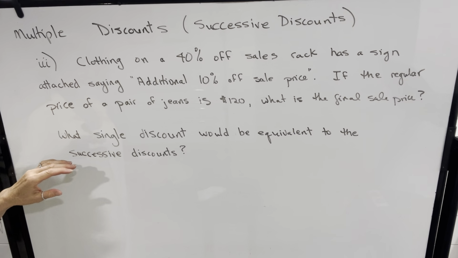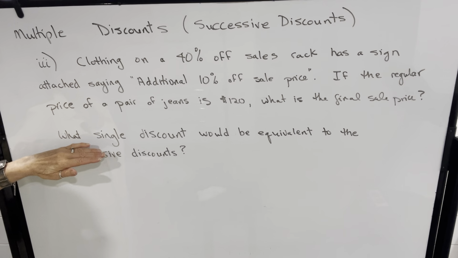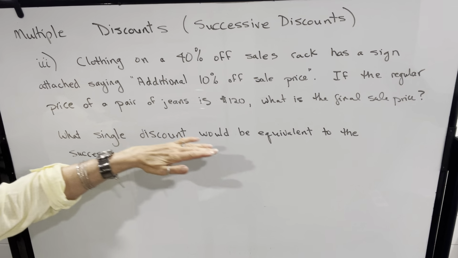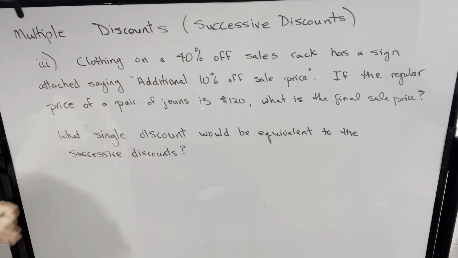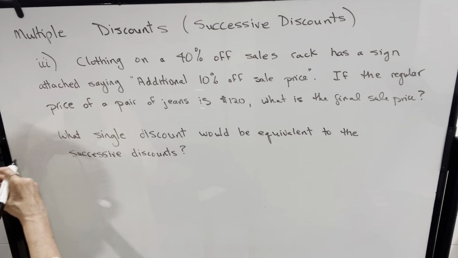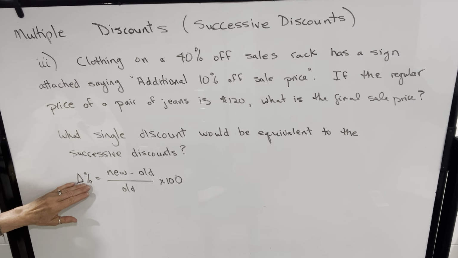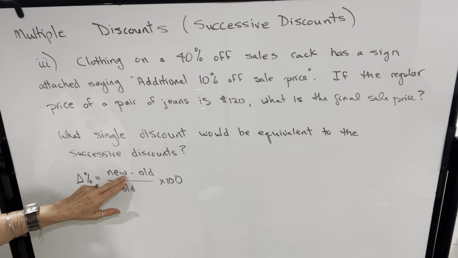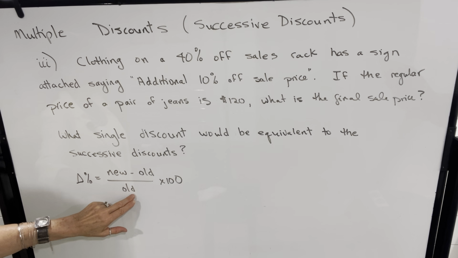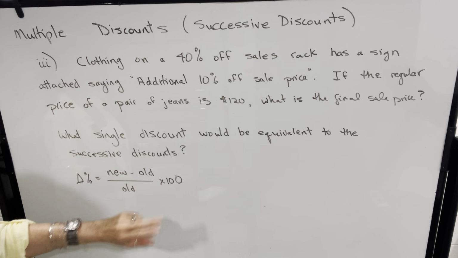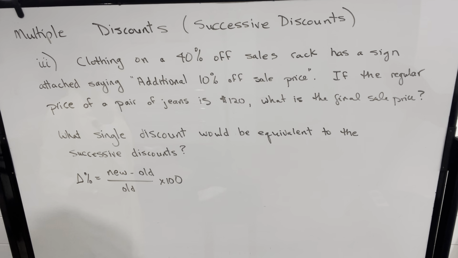Now, a question you might see with successive discounts is, what single discount would be equivalent to the successive discounts? In order to do that, we're going to go back to a formula we talked about in an earlier video. The percent change will equal new minus old divided by old and multiply by 100 to change it to a percent.